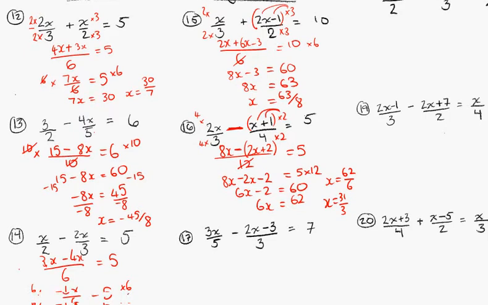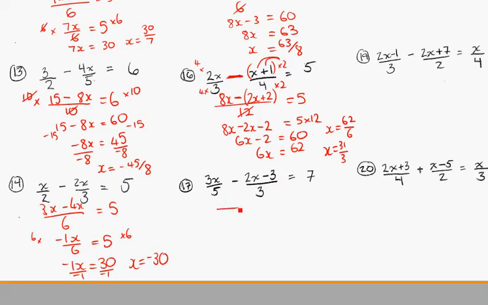Right, number 17, common denominator of 15. Multiplying top and bottom here by 3, 3 over 3 or 1. We're going to need brackets, multiplying by 5, which is 1. 5 over 5 is 1, so we're not changing anything. 10x minus 15, and because of the minus, that's a trap waiting to go off. So we'll put brackets in so we're not trapped. Top line, 9x minus 10x, two negatives make a positive.